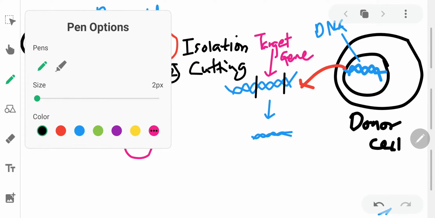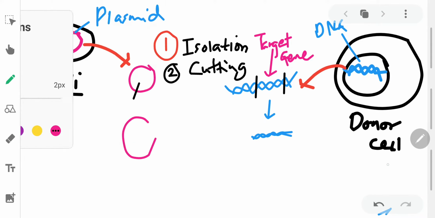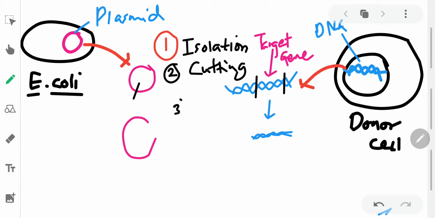Okay, now third step. The third step of gene cloning is insertion. So we are going to insert this target gene into the plasmid. Okay, insertion.